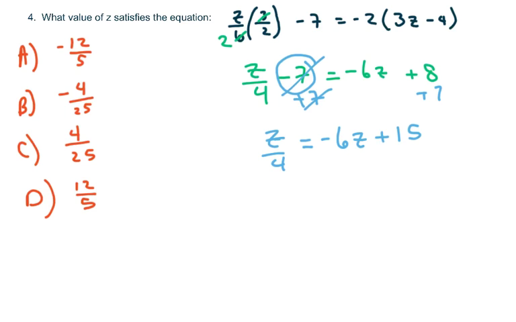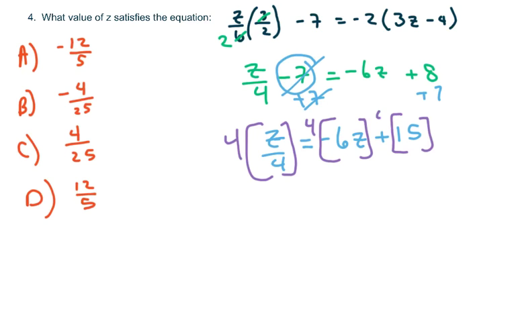Now, I'm solving for z, but the first thing I want to do is go ahead and clear the fraction here. And the way I do that is I multiply each term by 4. So as long as you multiply each term by 4, that eliminates this. And we get z equals negative 24z plus 60.